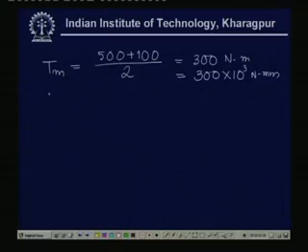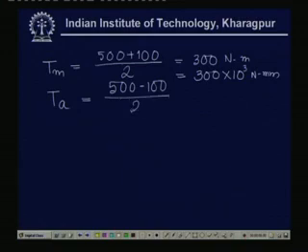In the same way, we can have the amplitude TA as 500 minus 100 divided by 2, and that comes out to be straight away 400 by 2, that means 2 into 10 to the power 5 Newton millimeter. This is very easy, you can understand very nicely.